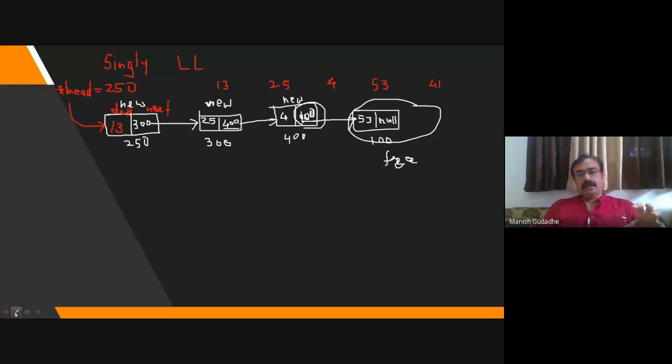The only thing we need to maintain here is the address of the first node, which will be called the head node, and that head node will guide us to travel the entire linked list. So we need to keep track of these pointers. Ultimately, insertion and deletion in linked list is based on pointers. Playing with pointers will be an important thing in this.